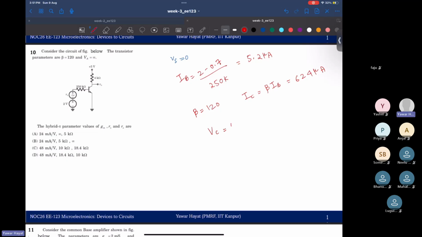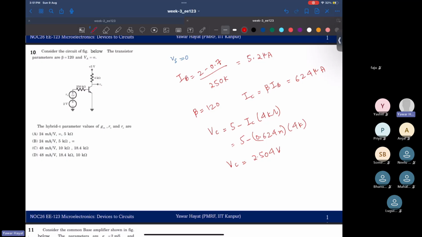VC would be 5 minus IC times 4 kilo, that is 5 minus 0.624 milli times 4 kilo. The kilo and milli would go. VC that you get is 2.504 volts.